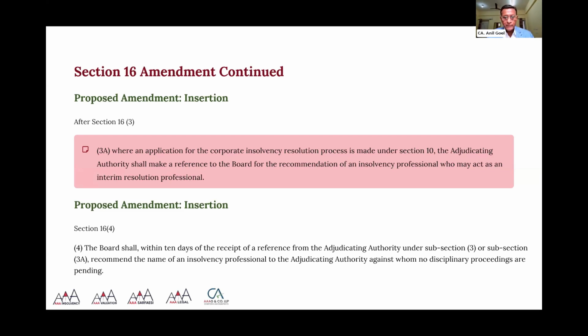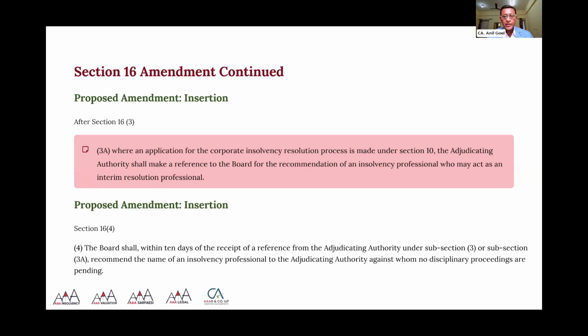Under Section 10, only the adjudicating authority will appoint an insolvency professional. Of course, the wording is that it will go to the board, but practically, the NCLT will appoint from the panel of insolvency professionals, which is prepared by IBBI every 6 months and is available with the bench.